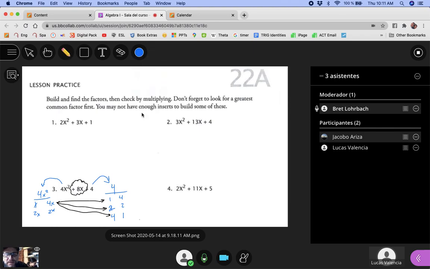This is what I would recommend. You're starting off, you don't know how to do this quickly in your head, so just start with the x and the 4x. Start off like this.